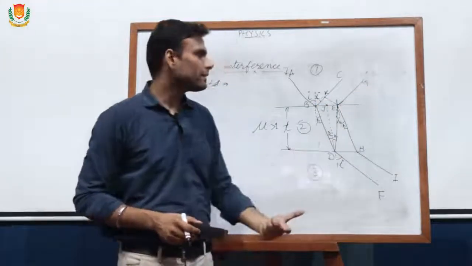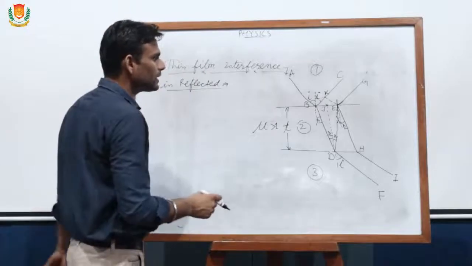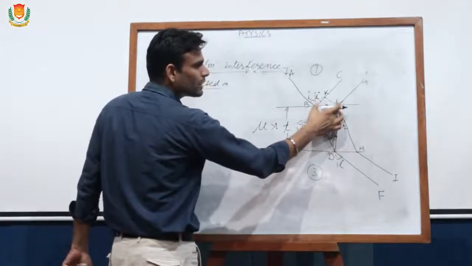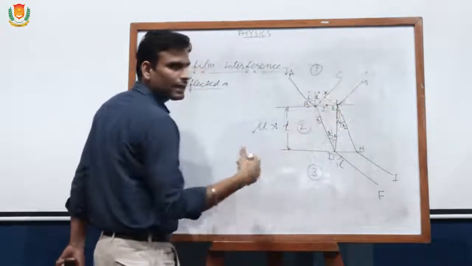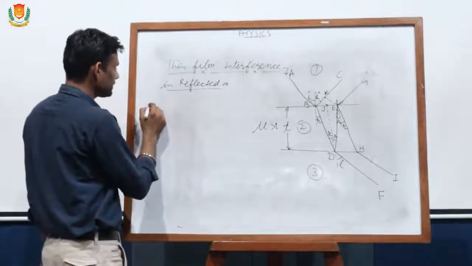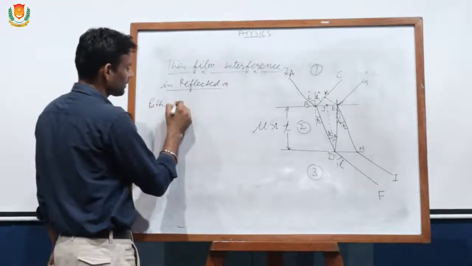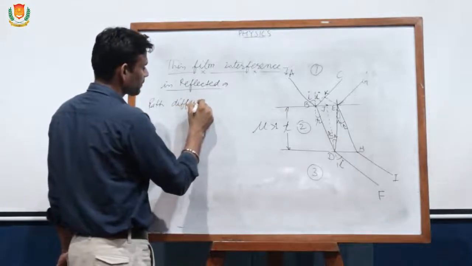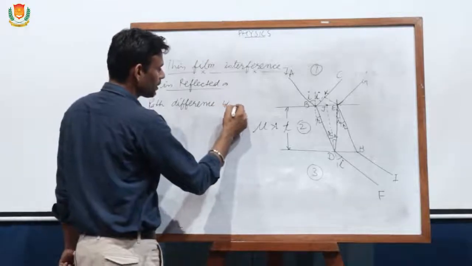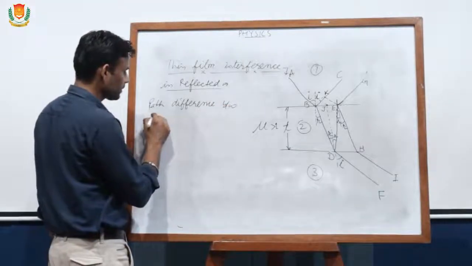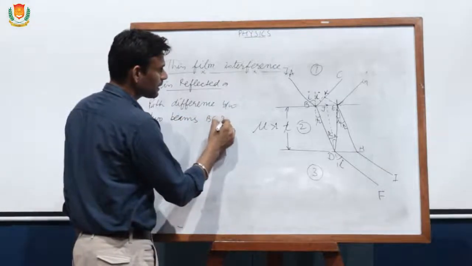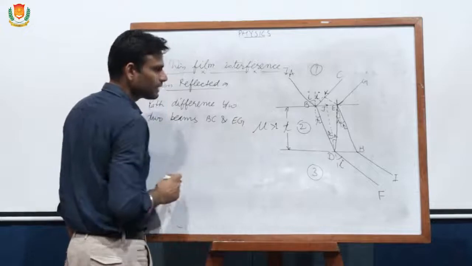So what will be the net path difference between these two beams? It is the path BD plus DE, which this second beam EG travels extra from the first beam. So the path difference between the two beams BC and EG is how much?